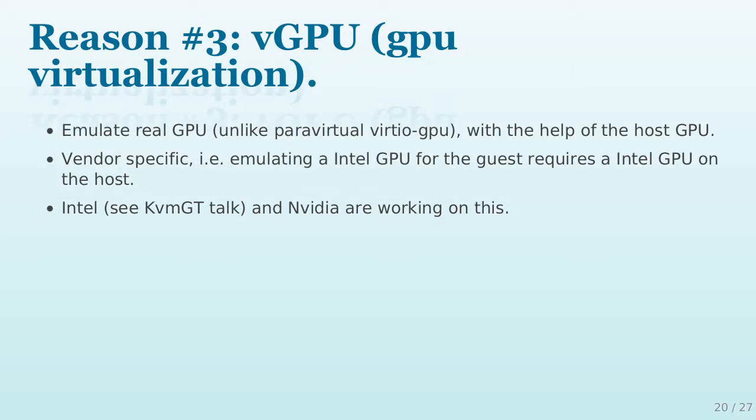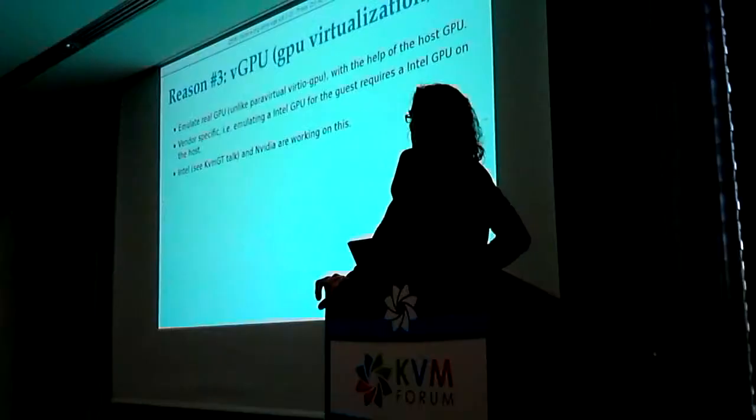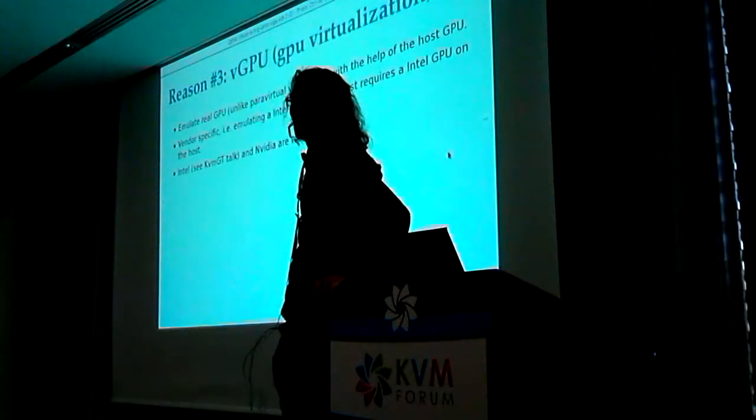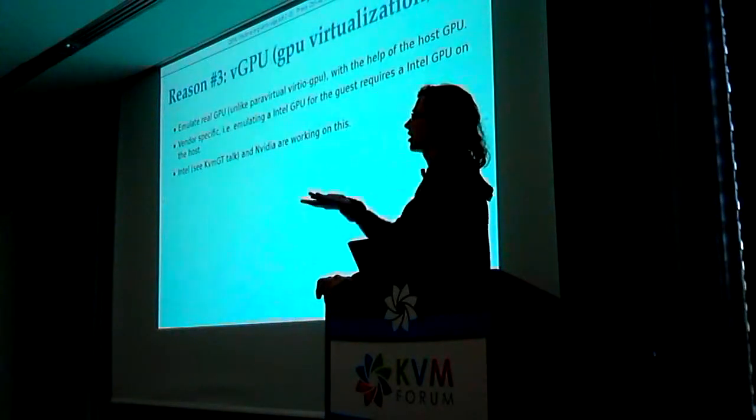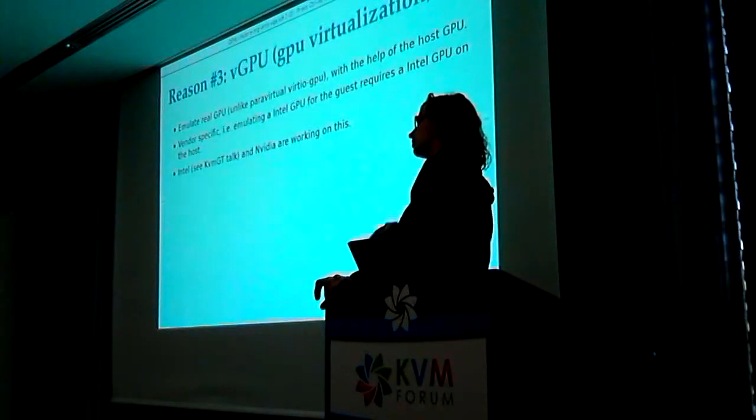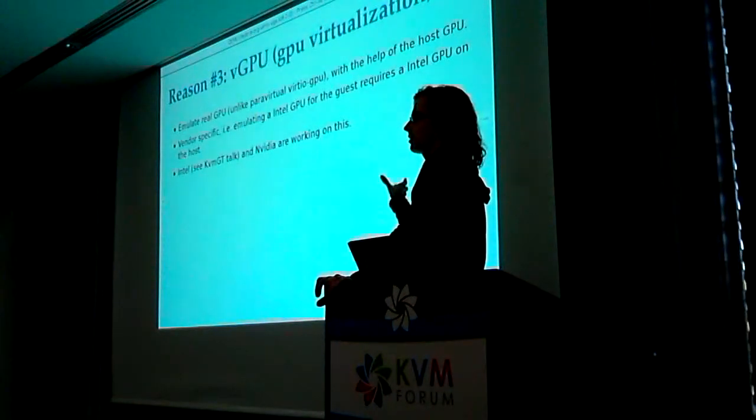And the third reason, we have just seen it two talks back: Intel is working on, or has it already running, to virtualize the Intel GPU. And of course, we also want to integrate this somehow. So you don't, as it was told, have to only route it to an external monitor.